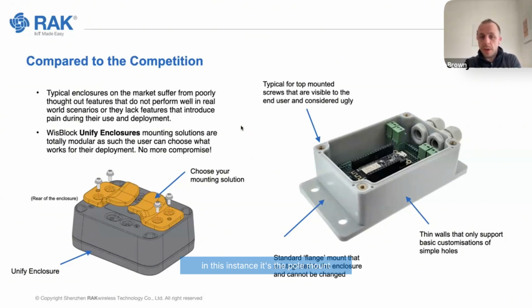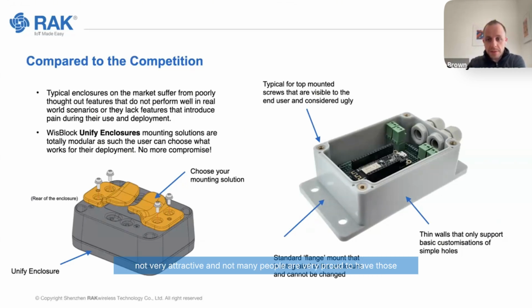In this instance, it's the pole mount, and you can see the screws that attach the accessories to the enclosure to make a really nice finished product that looks and feels like a real professional device, like the customer made it themselves. The right-hand side is very different. These enclosures are very generic, not very attractive, and not many people are proud to have those.